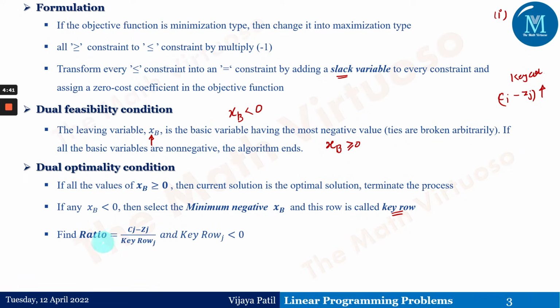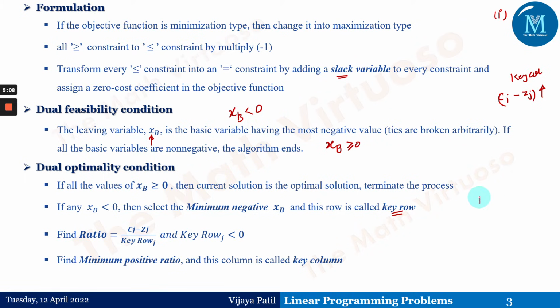Then find the ratio, that is Cj minus Zj upon key row j, where key row j is less than 0. That means they are negative. Find the minimum positive ratio, that means Cj minus Zj upon the key row j, where key row j is less than 0. If there is a mismatch, like a positive Cj and a negative key row j, then we have to put a dash.